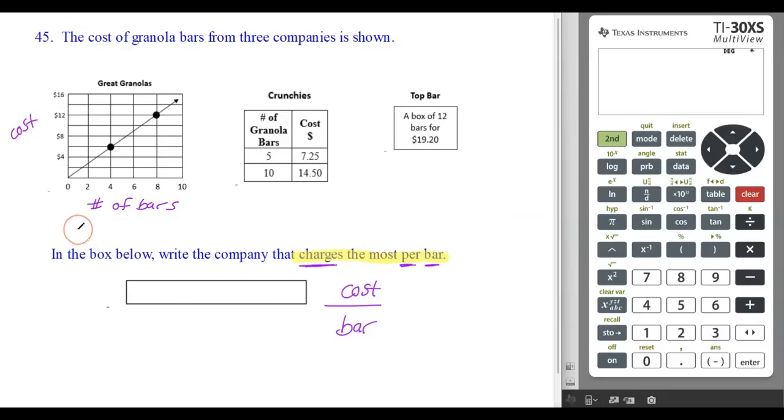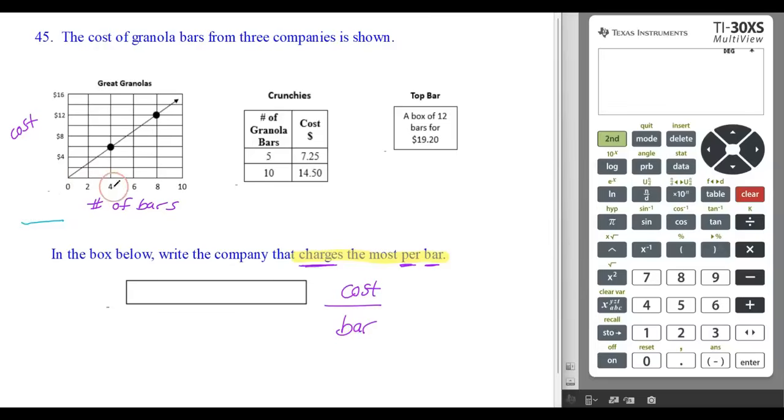So based on that, let's look at this first graph. You should notice it goes through 0, 0. That makes it easier. That just implies that there's no shipping charge. And for a problem like this, I don't think you would have one. So I can just figure out the cost per bar. How much would it be here? Based on what I just told you, we're going to put the bars on the bottom.